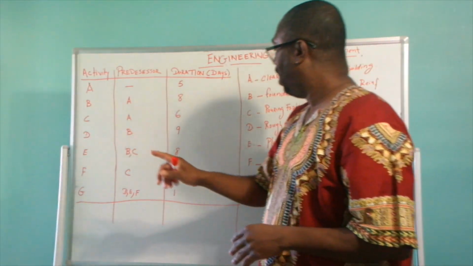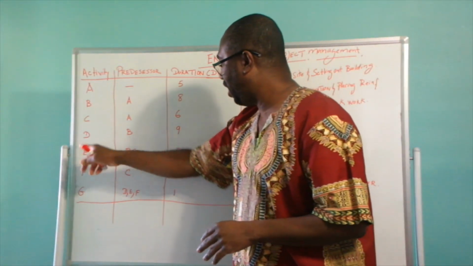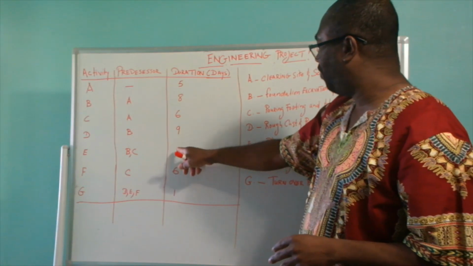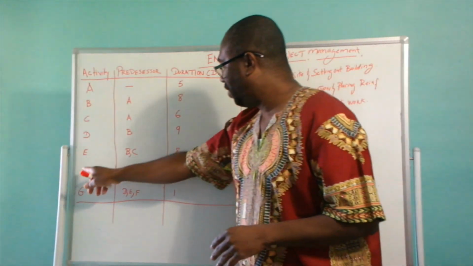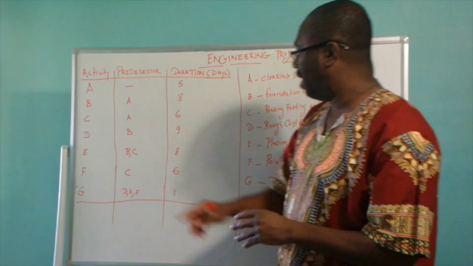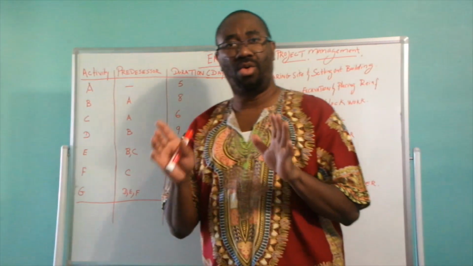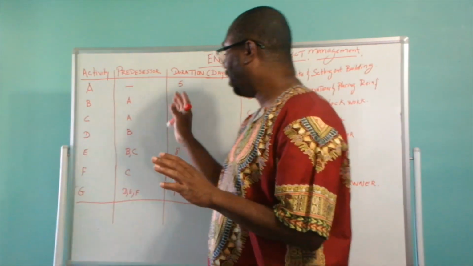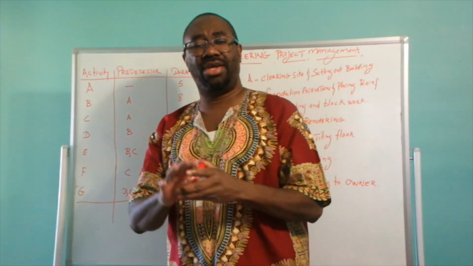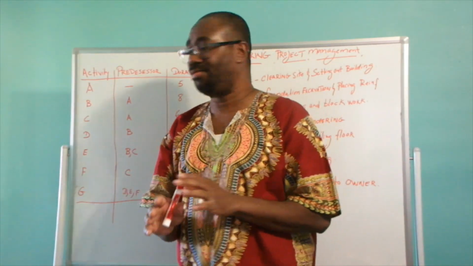Activity D has a duration of 9 days. Activity E has a duration of 8 days. Activity F has a duration of 6 days. And activity G has a duration of only 1 day. That information is critical because you have to know the duration of each activity.